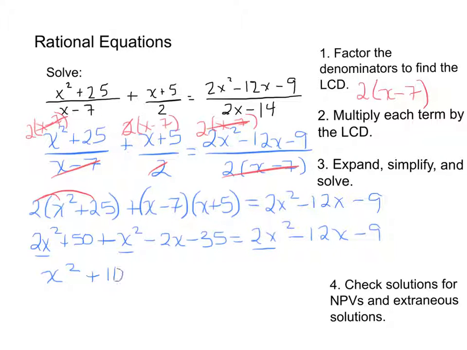So plus 10x. And then the numbers, 50 minus 35. So 15. And then plus 9. So we get to this quadratic, x squared plus 10x plus 24 equals 0, and then factor that to solve.